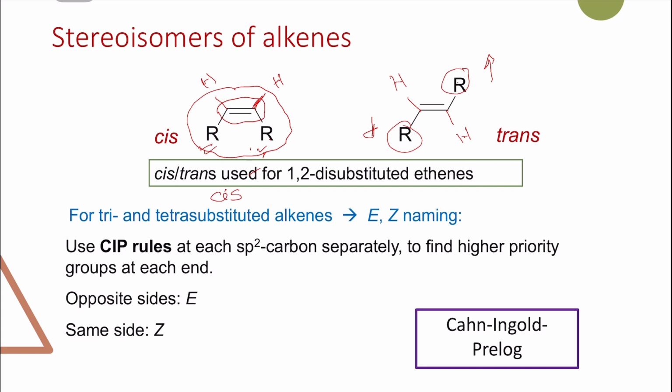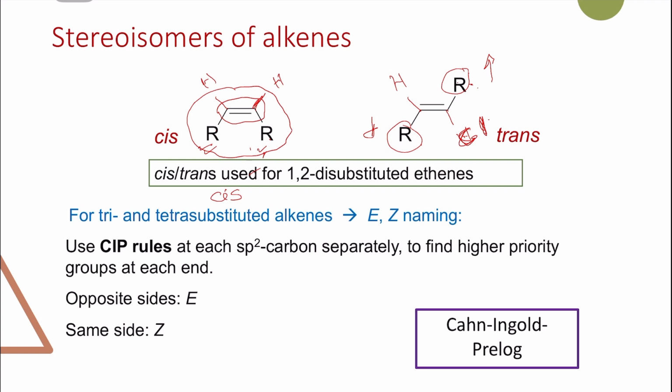If I only have one substituent at carbon 1 and one substituent at carbon 2, then we can call it cis and trans. But if I have more than two substituents, if I have another group here, and it has to be different from this one, so if I have a chloride here, for example, then I have more than two different substituents, and I will call this Z and E. I'm not going to refer to it as cis and trans.